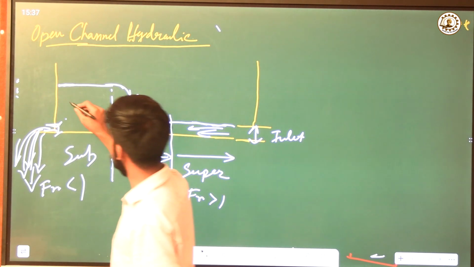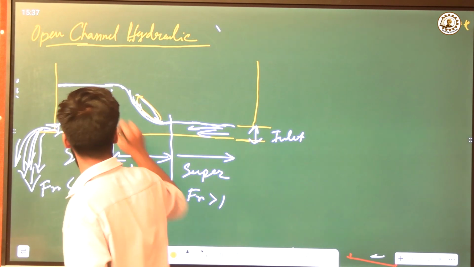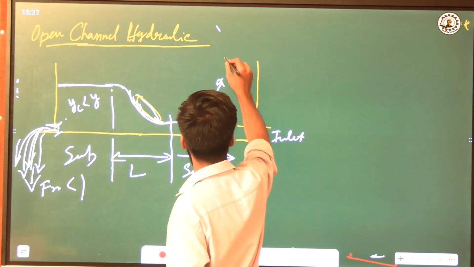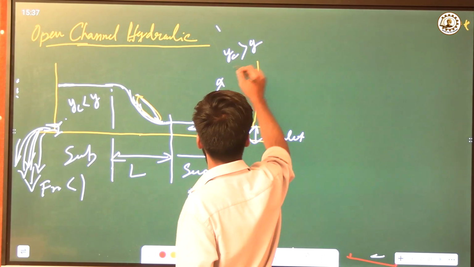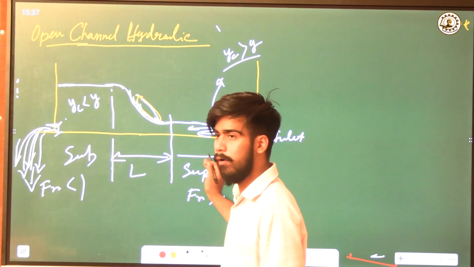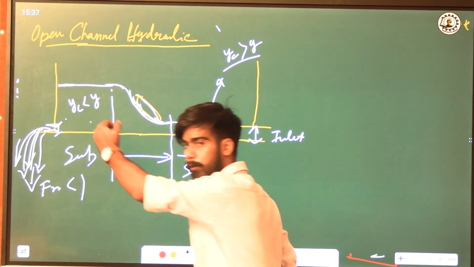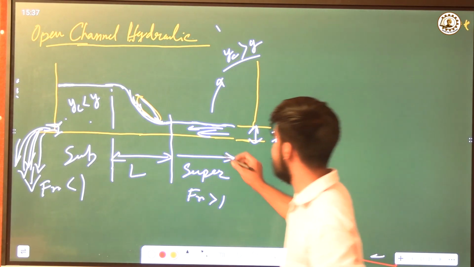In here the critical depth is less than the actual flow depth, and in here the critical depth is bigger than the flow depth. Now, when the supercritical flow meets the subcritical flow, there is energy dissipation happening. What is energy dissipation?